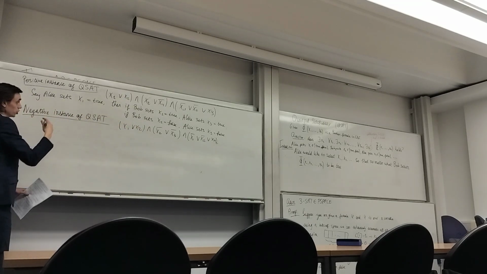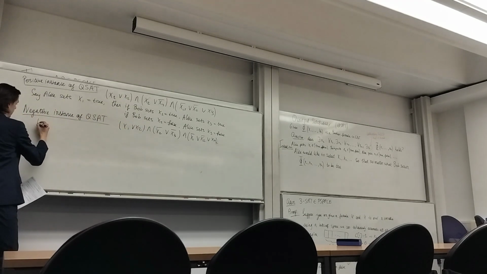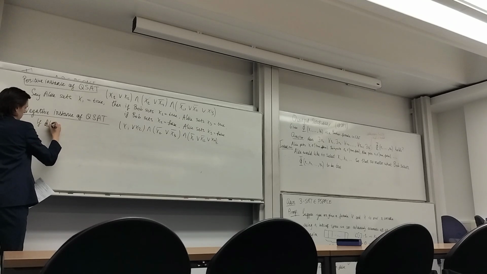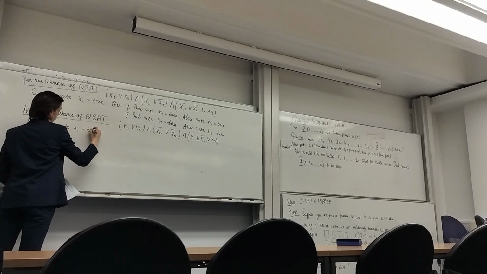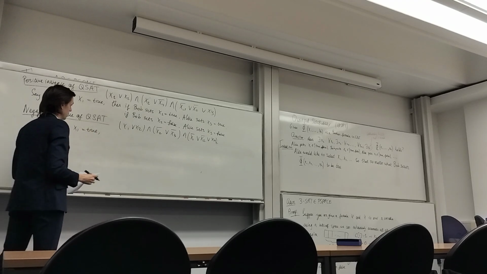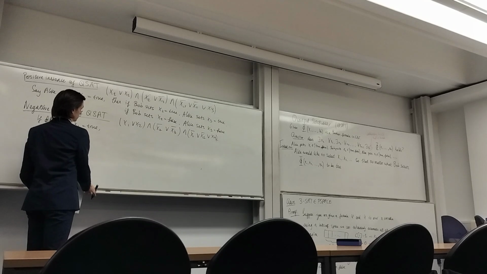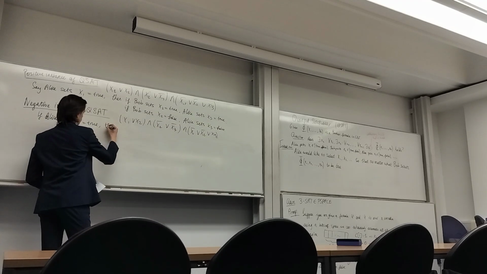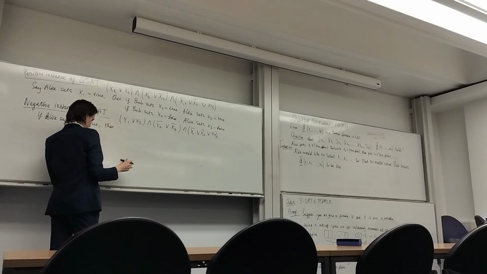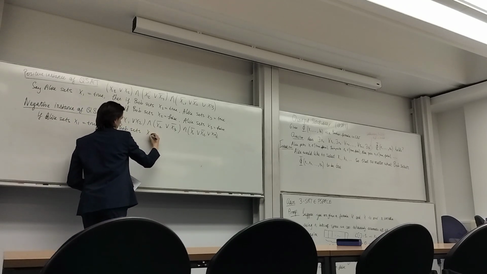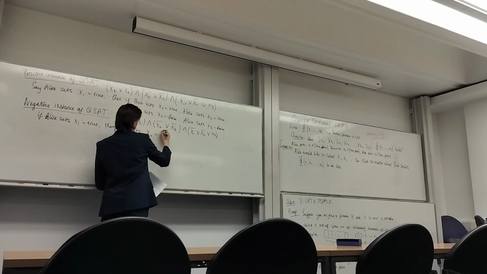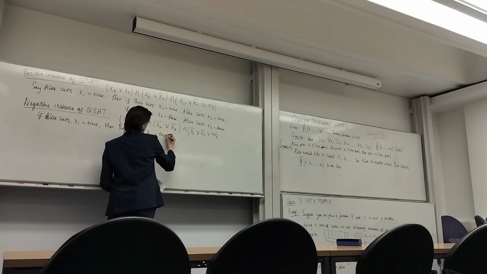So let's consider the options for Alice. If Alice sets x1 is true, then Bob sets x2 is true, and let's have a look.